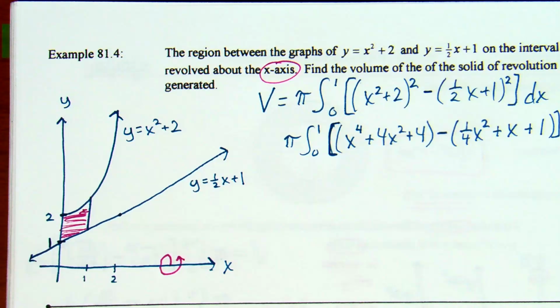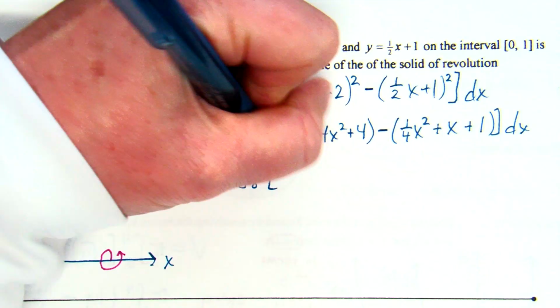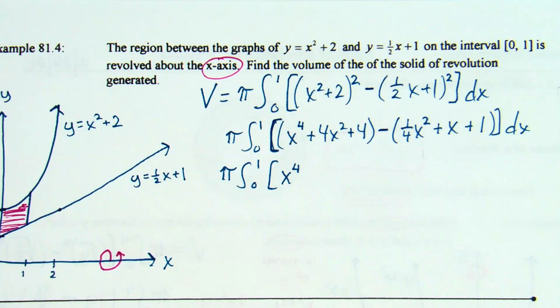Pi times the integral from 0 to 1. I would definitely encourage a cleanup step. x to the fourth is going to stay x to the fourth. 4x squared, we can subtract 1/4 x squared. So 4 minus a fourth. If you make 4 a fraction, it's 4 over 1, becomes 16 over 4. 16 over 4 minus 1 over 4 is 15/4 x squared.